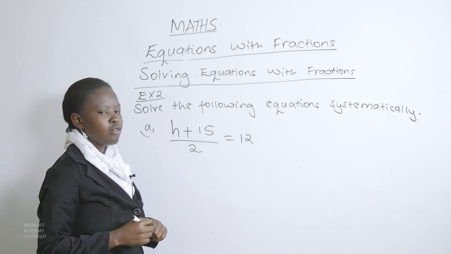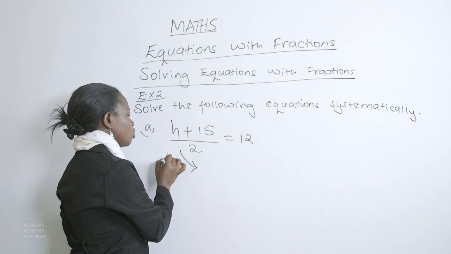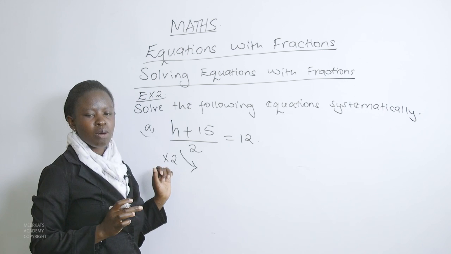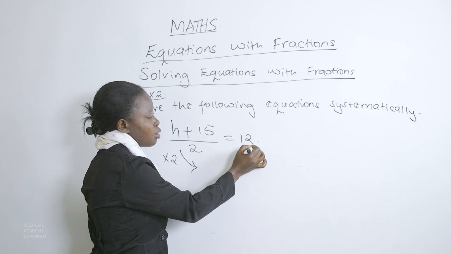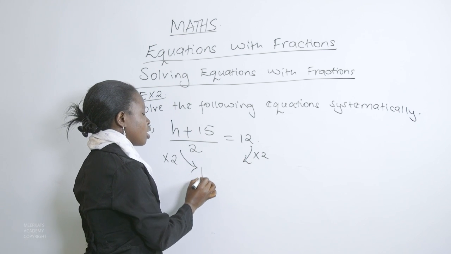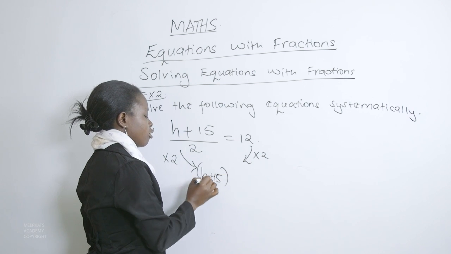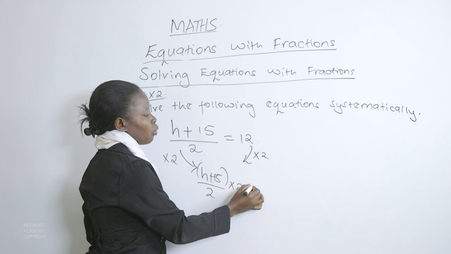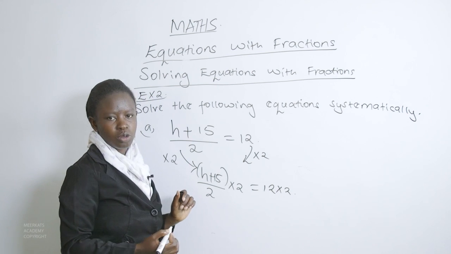In this case, the first step that we will carry out is multiply by 2 on both sides, because the 2 is covering the whole of our numerator. So multiply by 2 on the left hand side, multiply by 2 on the right hand side, so that we have h plus 15 over 2 multiplied by 2 will be equal to 12 multiplied by 2.